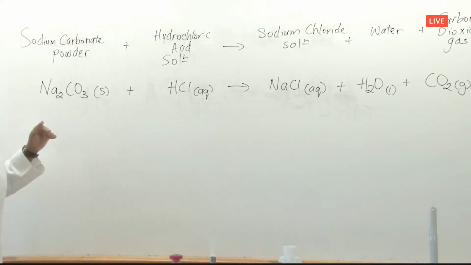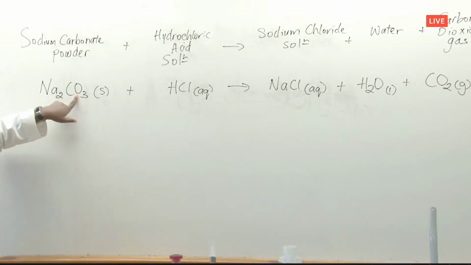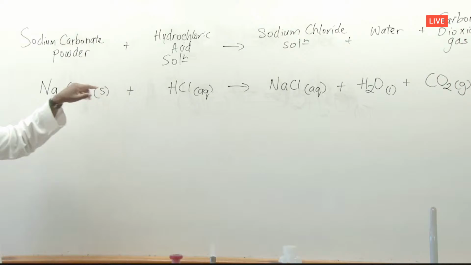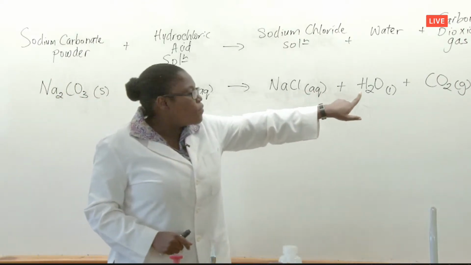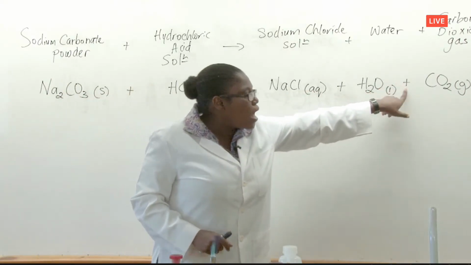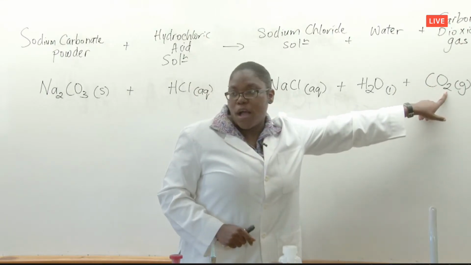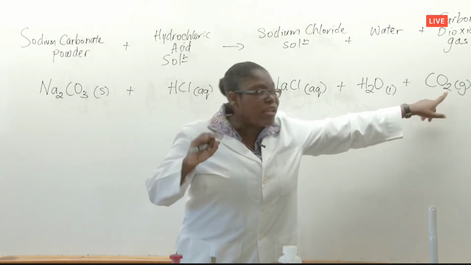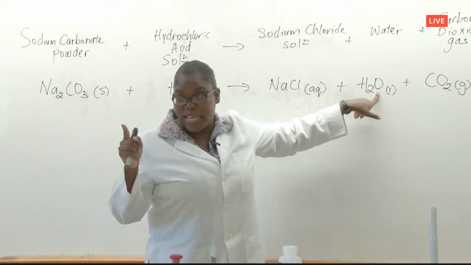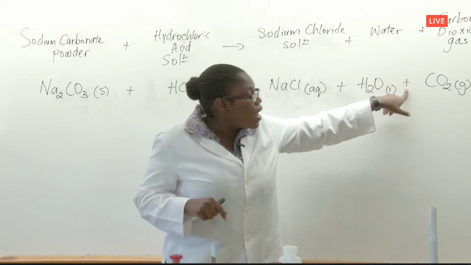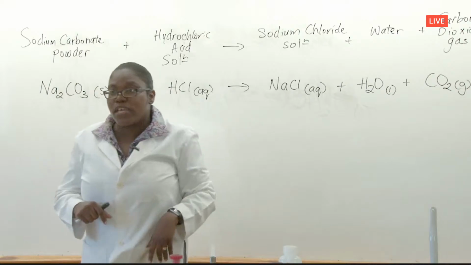Is there anything else that's not balanced? What about the oxygens? We have 3 oxygens here, 3. Over here, we have 1 oxygen plus 2 oxygens gives you 3. 1 plus 2 is 3.